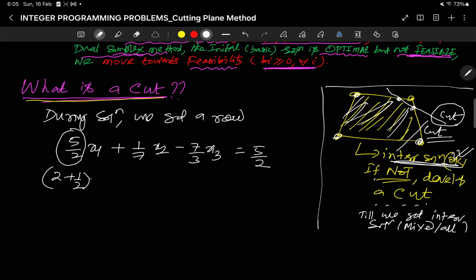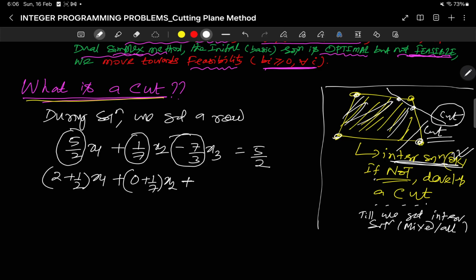Whole part plus fractional part: x1 plus 1/7, which is 0 plus 1/7, the whole part as well as the fractional part. Minus 7/3 is minus 2 point something, so the integral part here is the next greatest integer, minus 3.